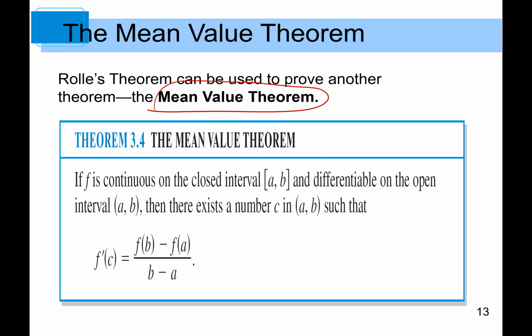If f is continuous on a closed interval [a, b] and differentiable on an open interval (a, b), then there exists a number c in (a, b) such that f prime of c equals f(b) minus f(a) over b minus a. So the slope of the tangent line equals the slope of the secant line at x equals c. That's how you interpret this.